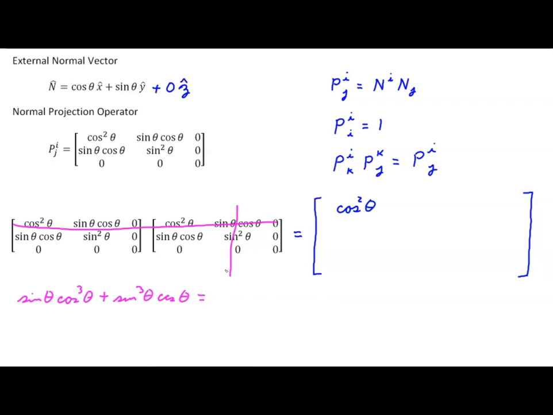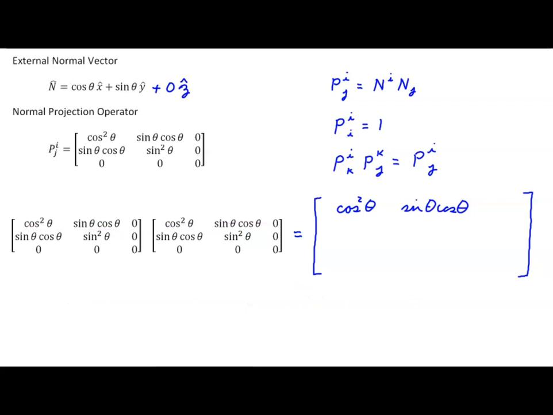Of course, the third term is 0 times 0, which is 0, so we simply skip that one. So here we can factor out the sine theta cosine theta, leaving cosine squared theta from this term and sine squared theta from the second term. And of course, again, this factor is 1, leaving us with the result of simply sine theta cosine theta in this position.